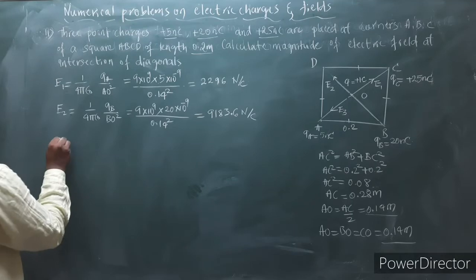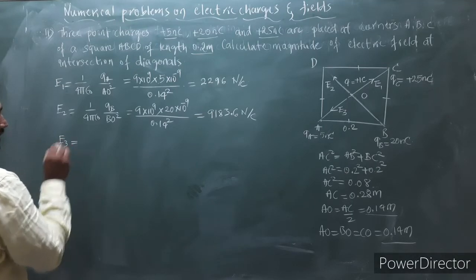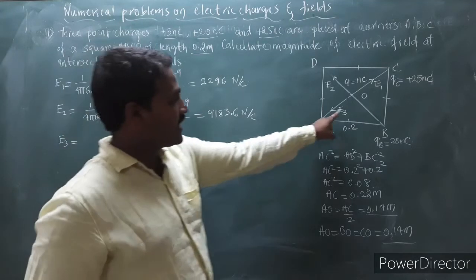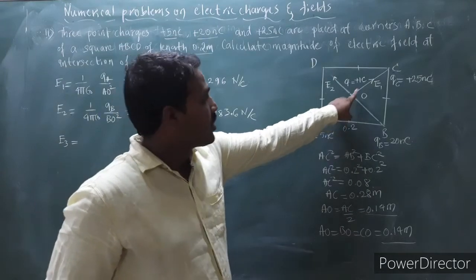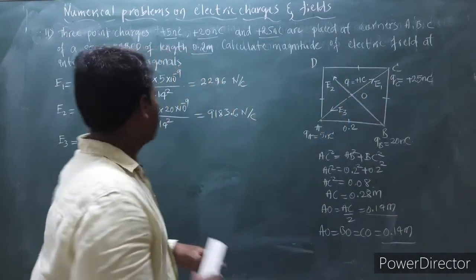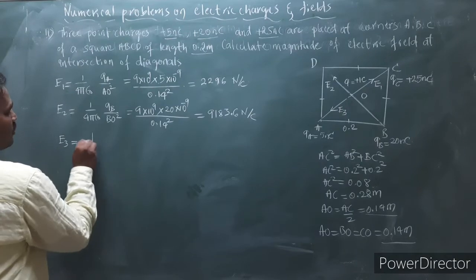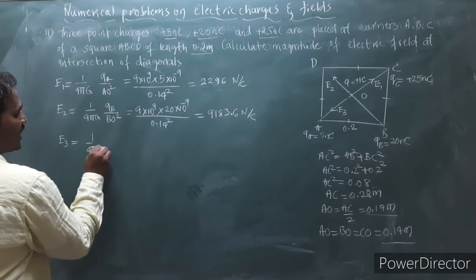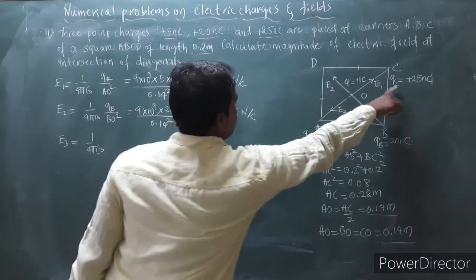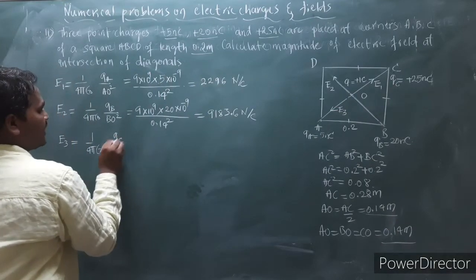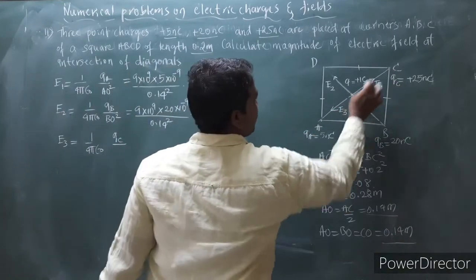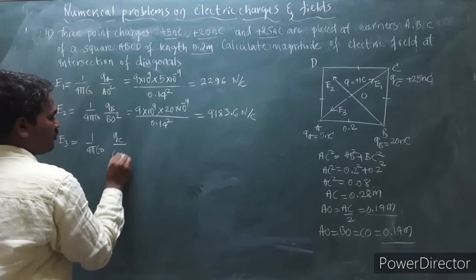Similarly, let me calculate the value of E3. This is the electric field at O because of source charge QC. So E3 is equal to 1 divided by 4 pi epsilon naught, QC divided by CO square.